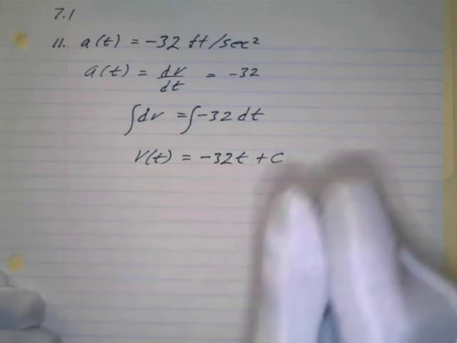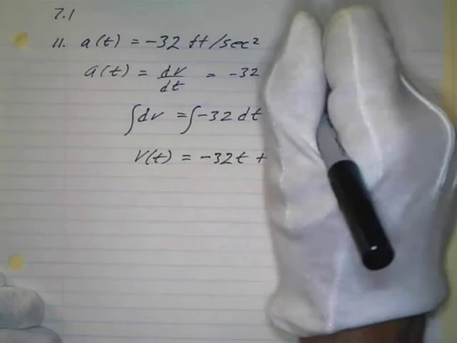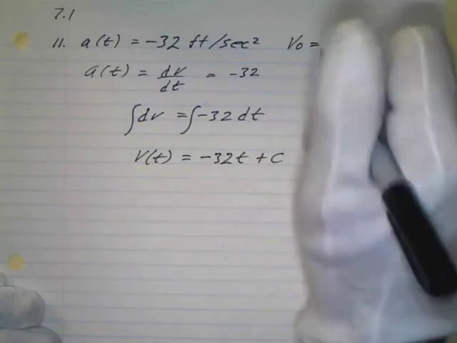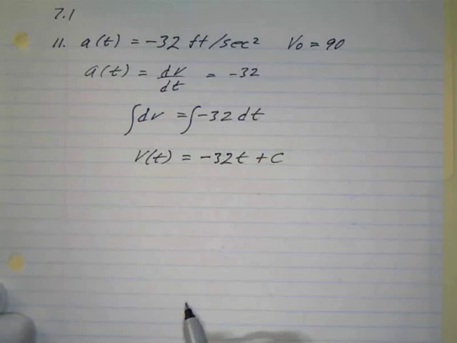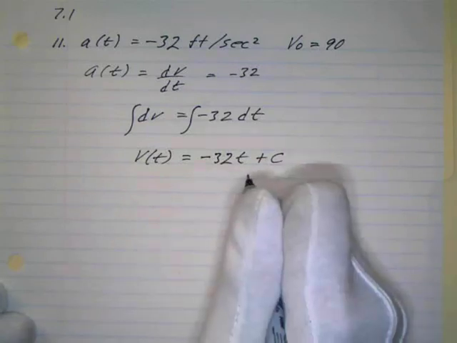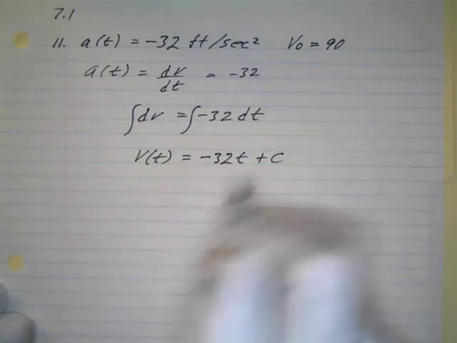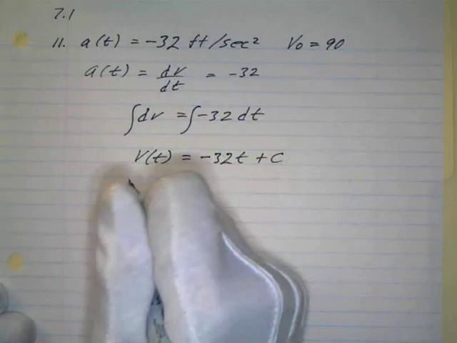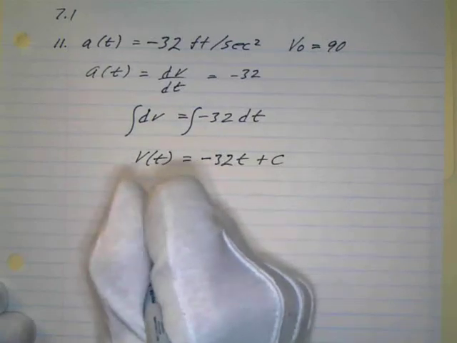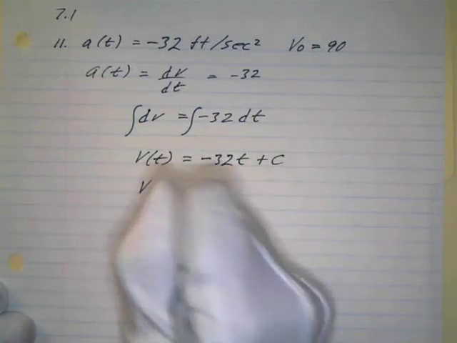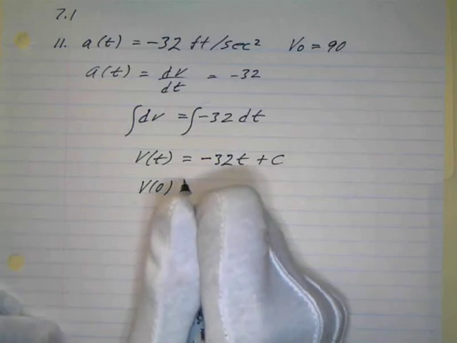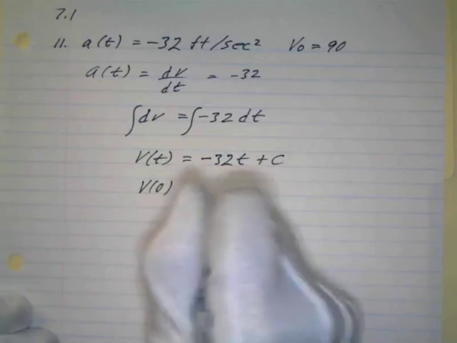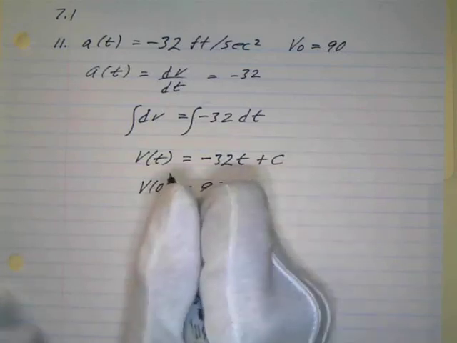And then we're told also that my initial velocity, v sub 0, was equal to 90 feet per second. So if we want to find out what c is, we know that when t is 0, that equals 90.